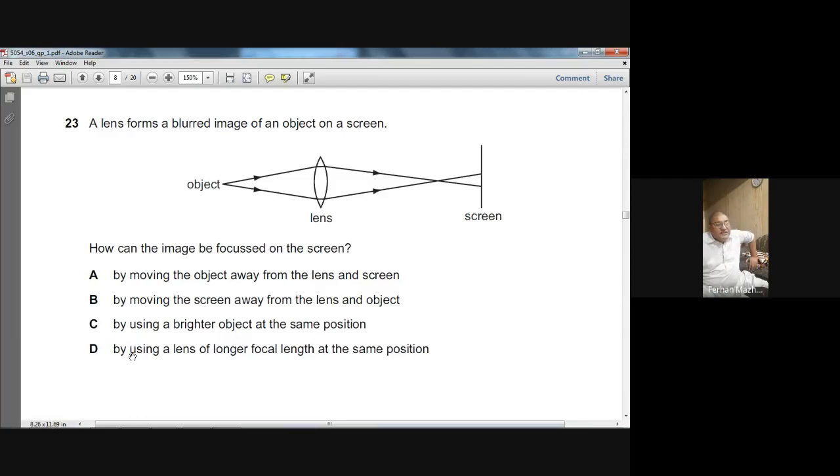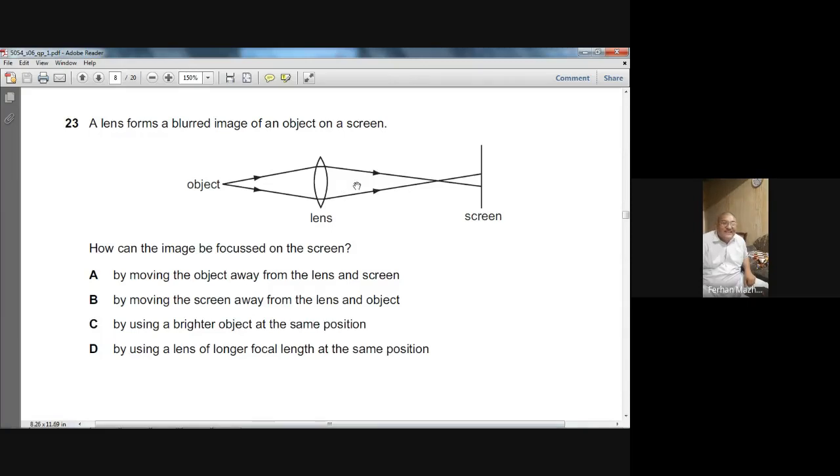A and D, I said, actually, let me explain why A goes wrong. By moving the object away from the lens, if you have done those image formations in the convex lens, you should have learned that if I move the object away from the lens, the image moves towards the lens.